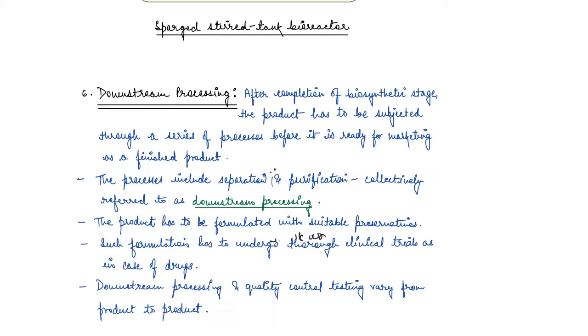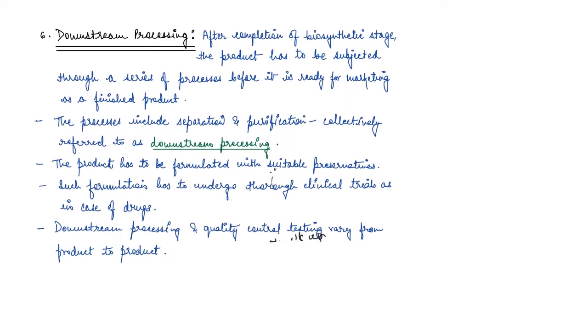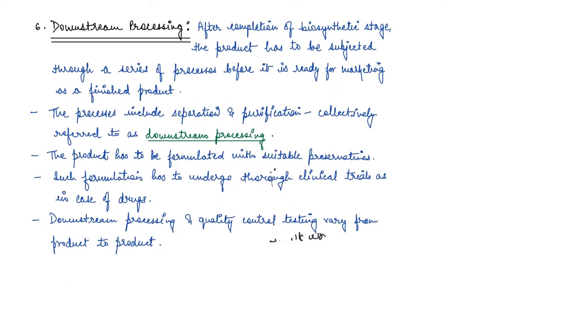So after we start making the product, the changed host that we want to produce with respect to, say, change in genes, change in proteins, getting desired proteins, after completion of that biosynthetic stage, this product has to be subjected to a series of processes before it is ready for marketing as a finished product.